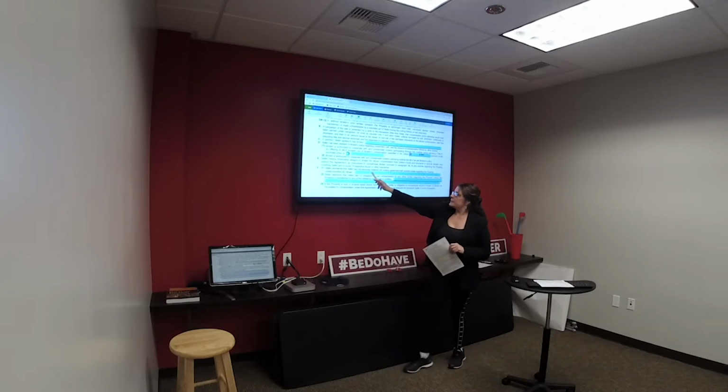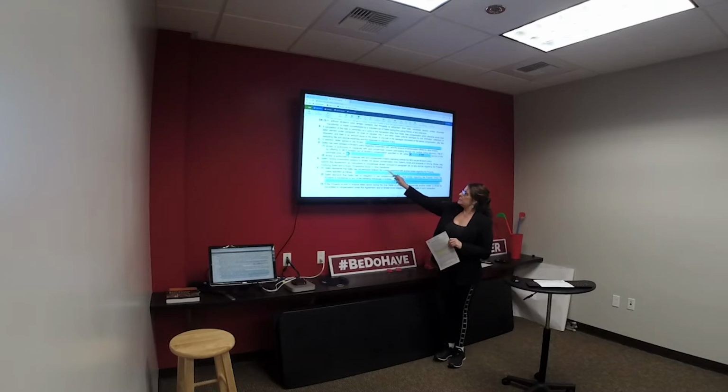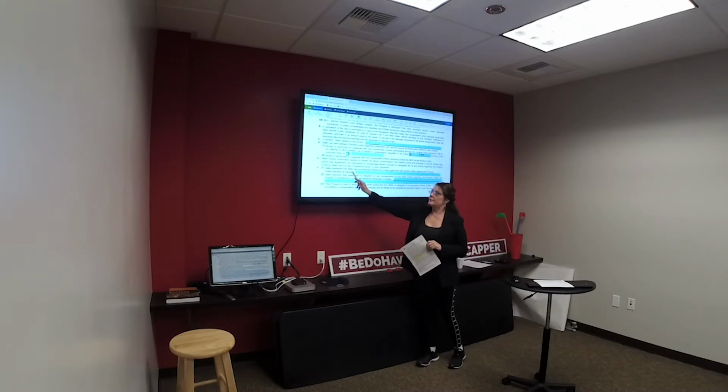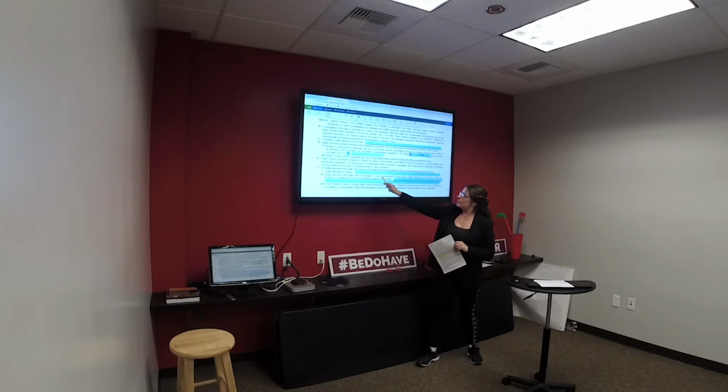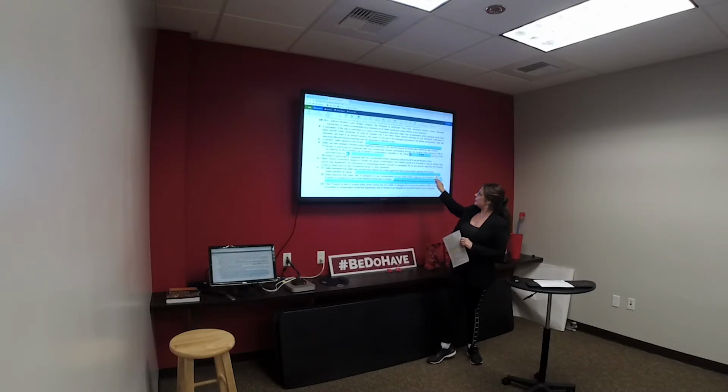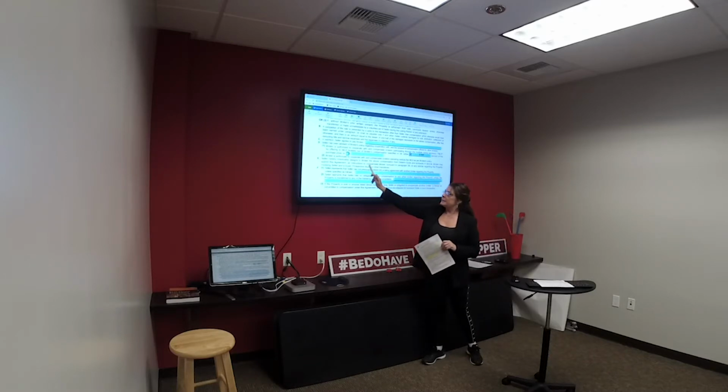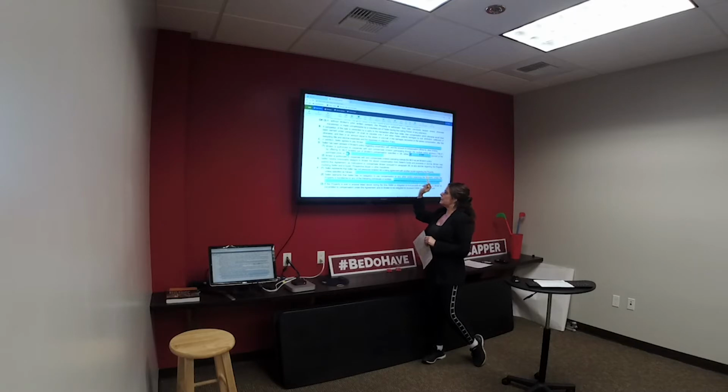Seller represents that seller has not previously entered into a listing agreement with another broker regarding the property unless specified as follows. They need to put your name here. Seller warrants that seller has no obligation to pay compensation to any other broker regarding the property unless the property is transferred to any of the following individuals or entities.